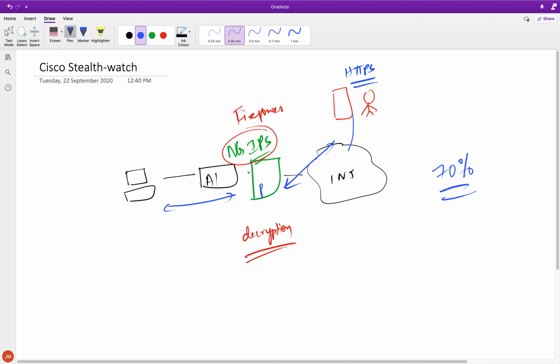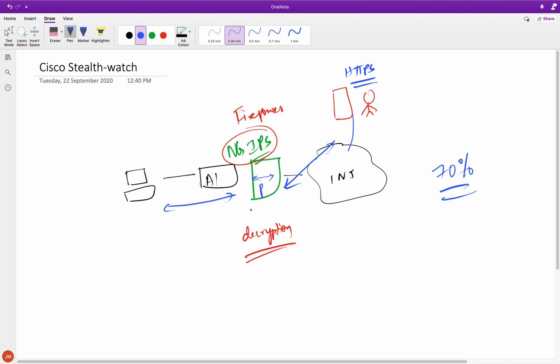So your NG-IPS is able to see every single piece of traffic in plain text, because whatever traffic is coming from the client, it will break the SSL, look at the packet, and then create a new SSL session with the actual web server, and that's how it works.